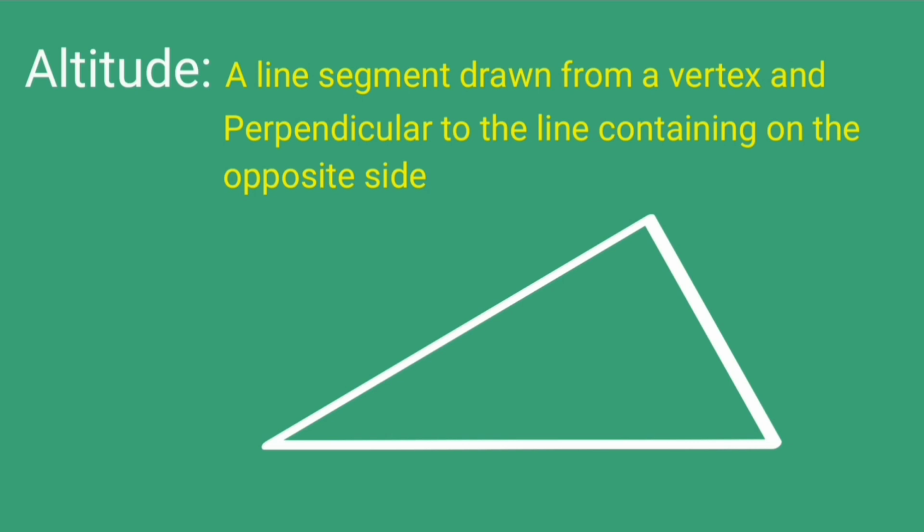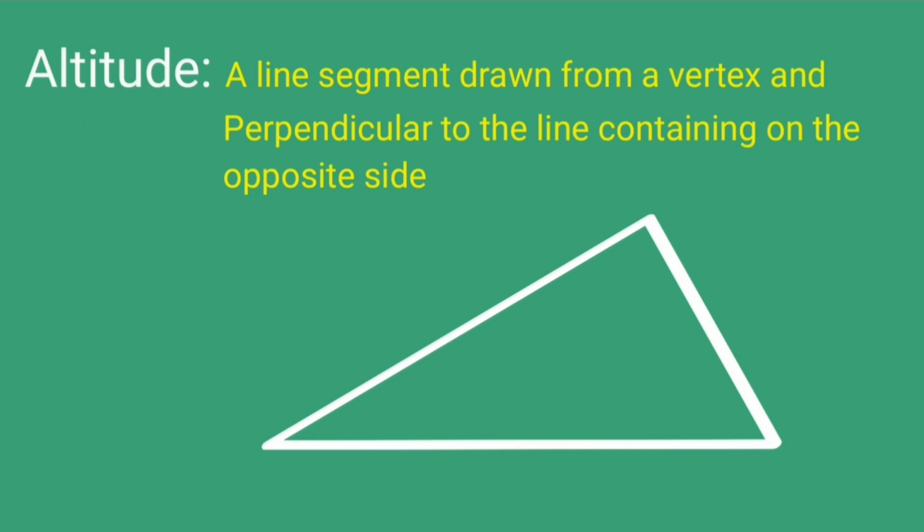Here is the altitude. Altitude is a line segment drawn from a vertex and perpendicular to the line containing the opposite side. That means, now here is the triangle.